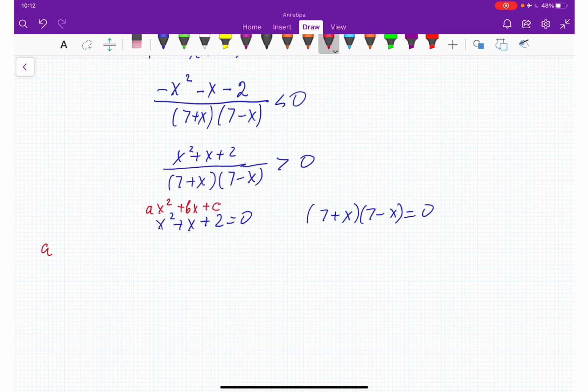So a, b, c: a is 1, b is positive 1, c is 2.